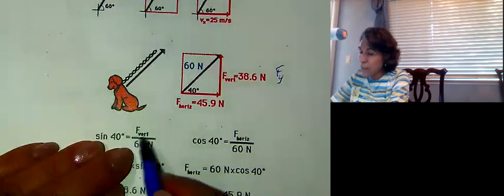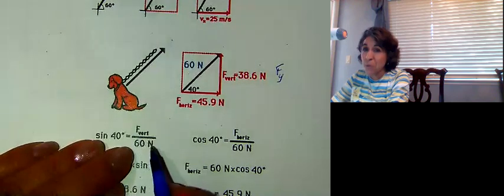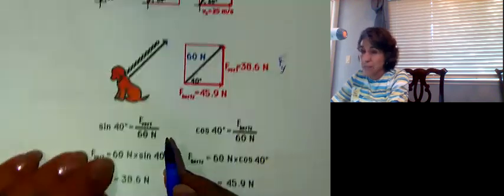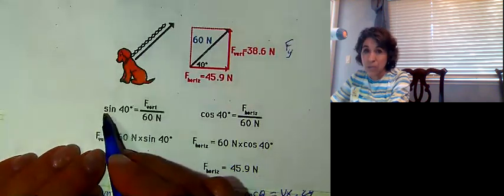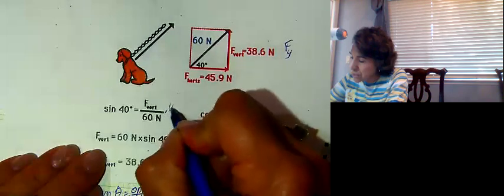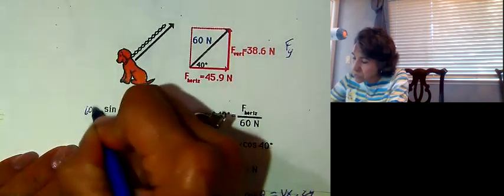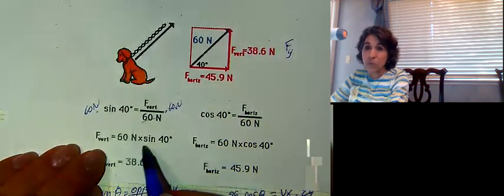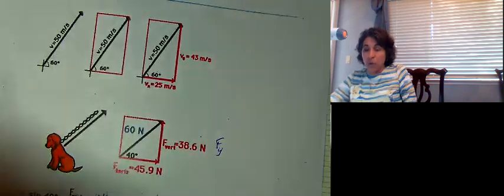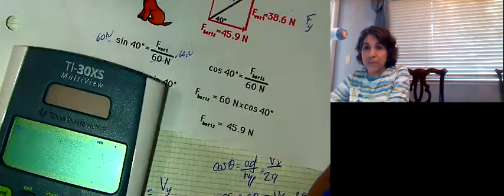Well, I want to know how big F vertical is, so I multiply 60 newtons to both sides. The 60 newtons cancels out, and now I have 60 newtons times the sine of 40. Let's take 40 on the calculator.